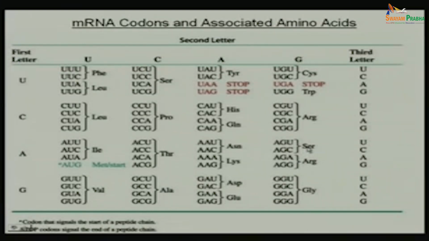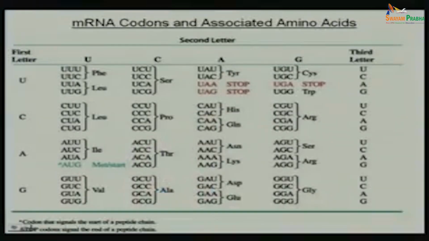AGU, AGC is serine, AGA, AGG is arginine, and in this way, for these 64 codons, certain amino acids are coded, and that is the reason why it is called degenerate.